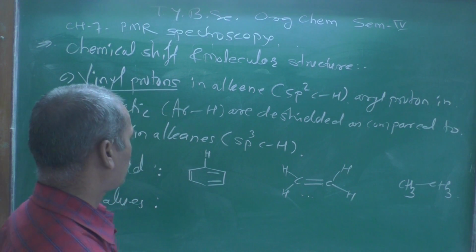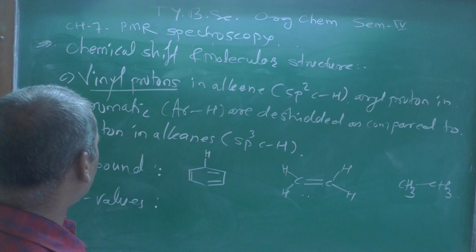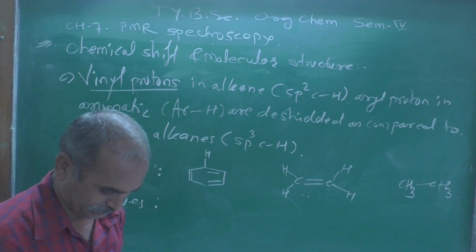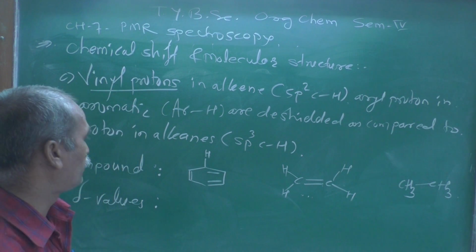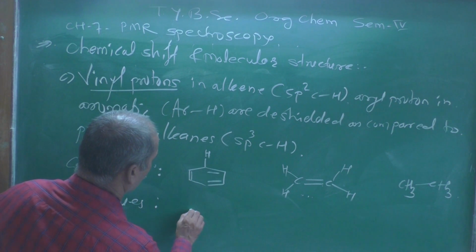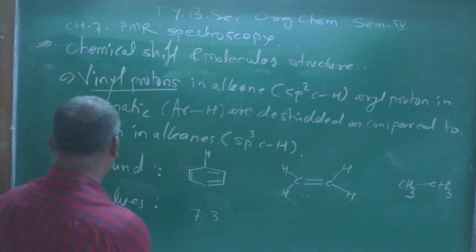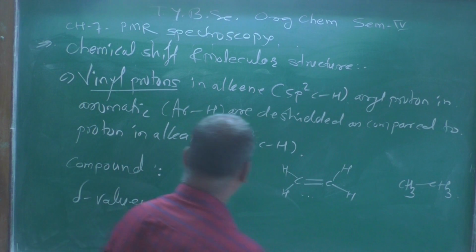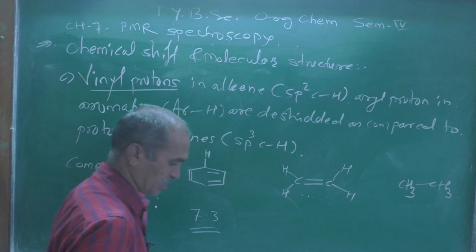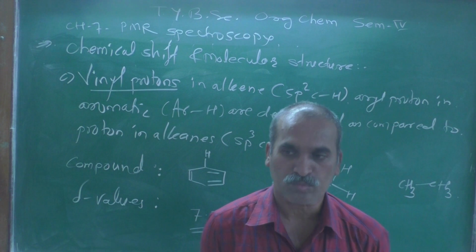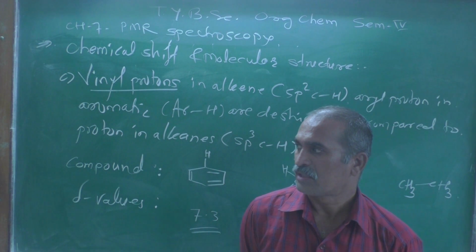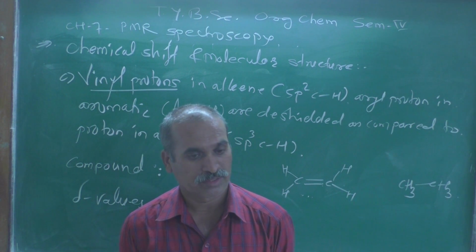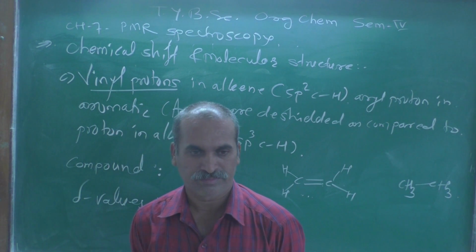Now here in this first case, this is an aromatic compound. The delta value, or chemical shift value, for aromatic protons is found to be 7.3. Always remember, if aromatic protons are present, that clearly indicates there is an aromatic compound in the unknown compound.